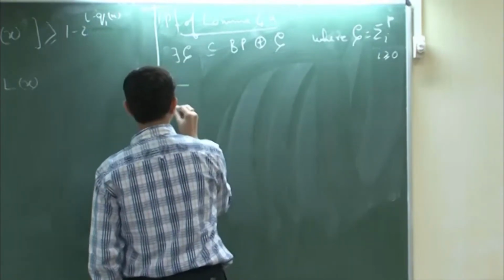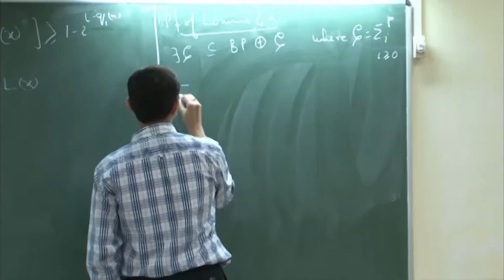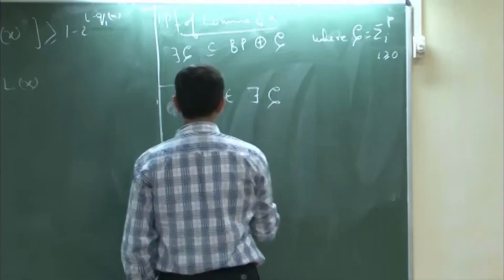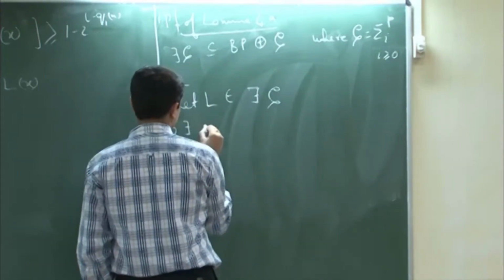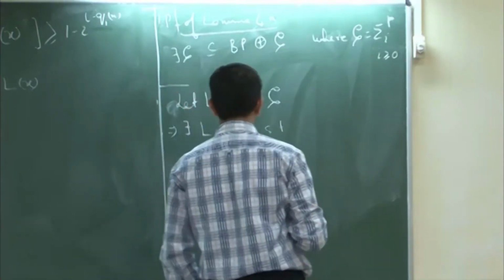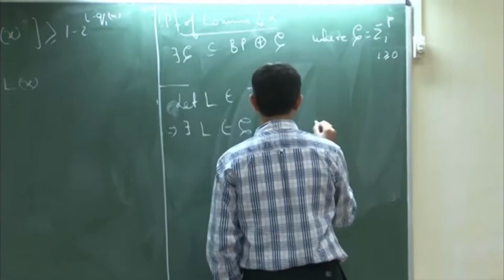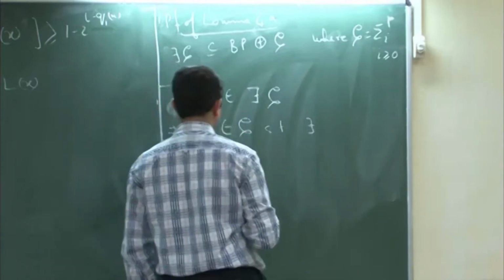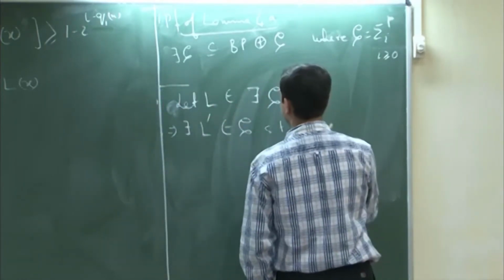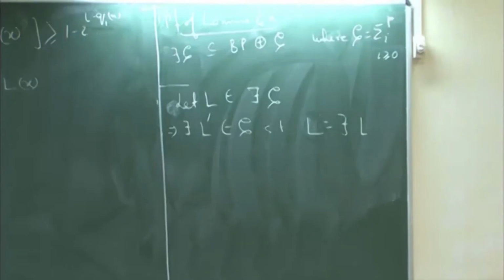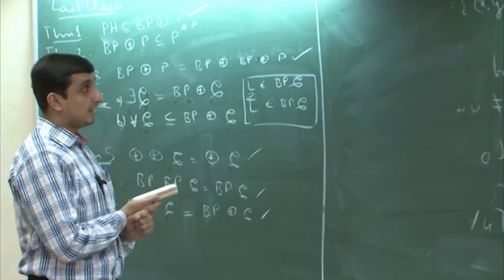So let L be a language in there exists C. So this implies that there is some L prime in C such that L is equal to there exists dot L prime. Why is a polynomial? That L should be a polynomial.